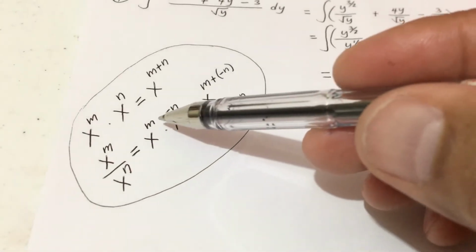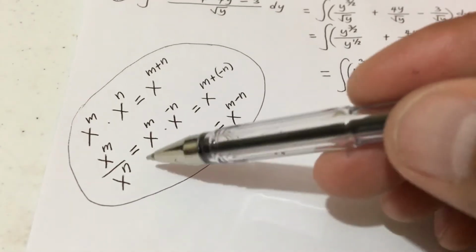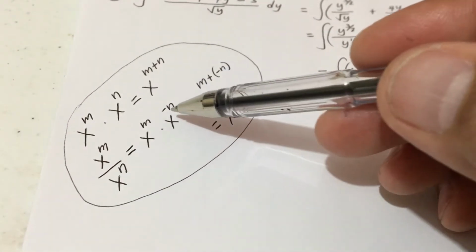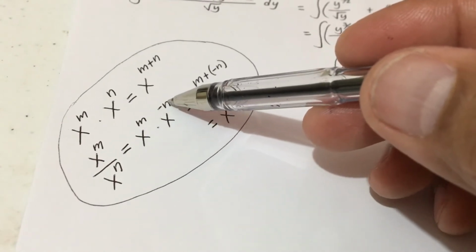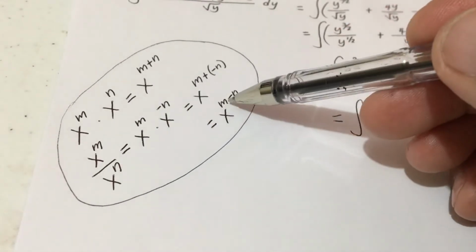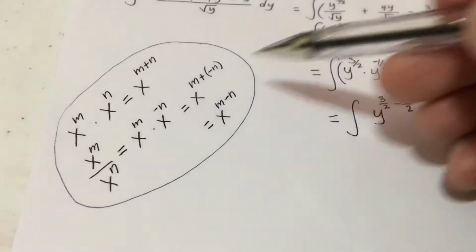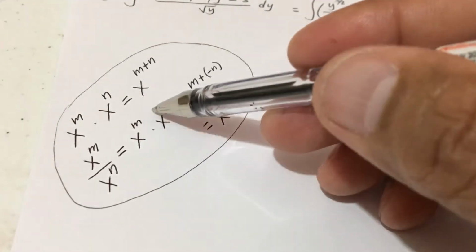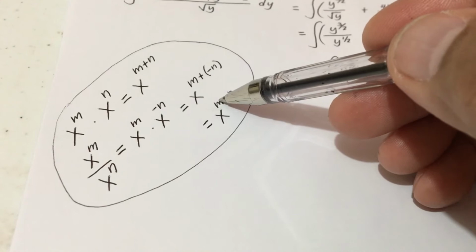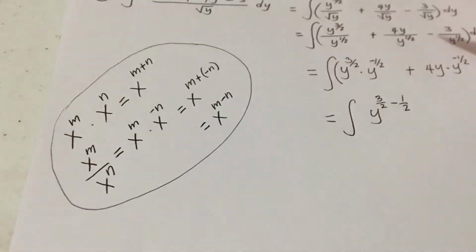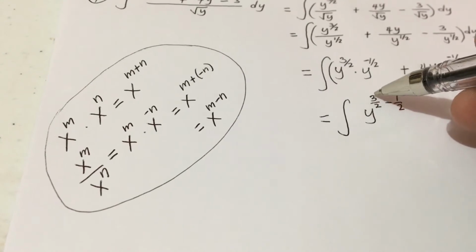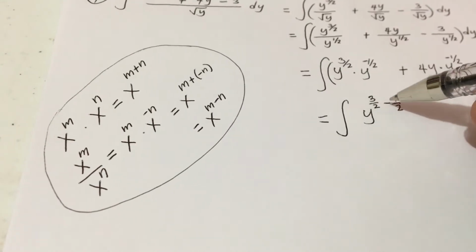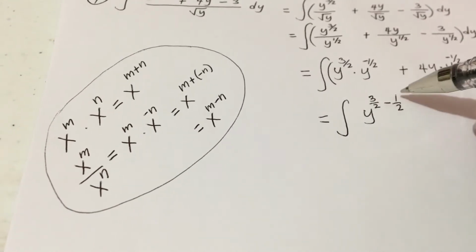So following this one, same base, different exponents, and the signs of the exponents are different, so this is minus. So positive here, negative here, so x to the m minus n. So we have y to the m minus n.